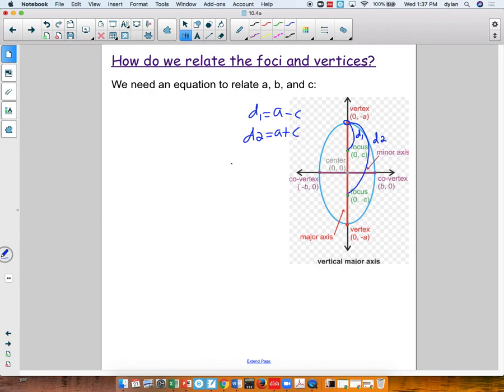So the sum of those distances, d1 plus d2, equals a minus c plus a plus c, which would just be 2a, because the c's would cancel out.